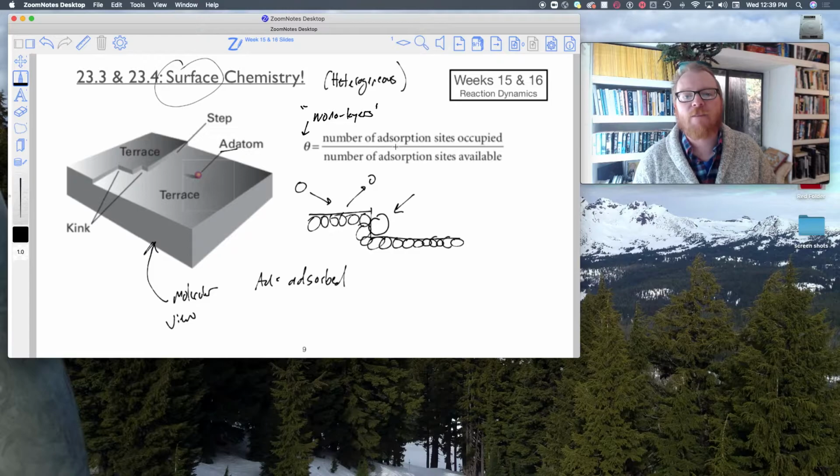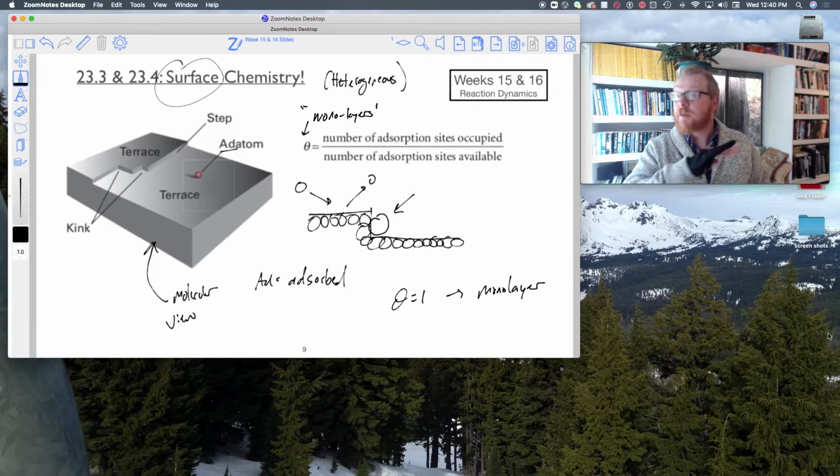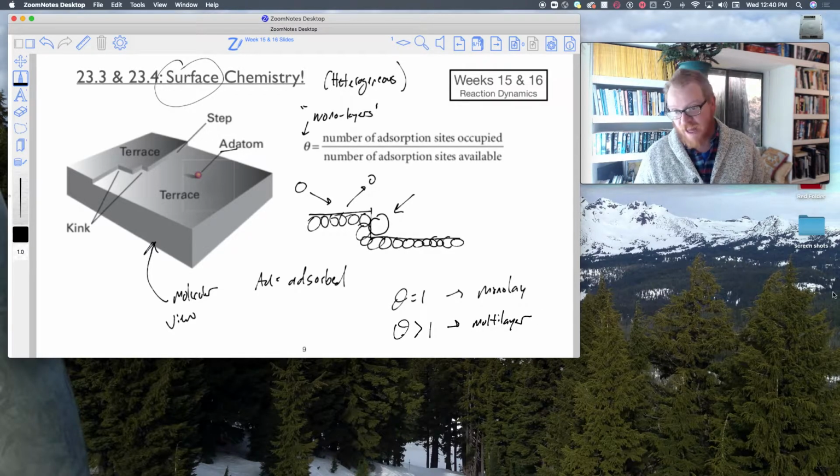So it's the number of adsorption sites occupied versus the number of adsorption sites available. So when theta equals 1, we have a true monolayer. We have a complete monolayer. If theta is less than 1, we have patches of adatoms. And if theta is greater than 1, we have what we often call a multilayer.